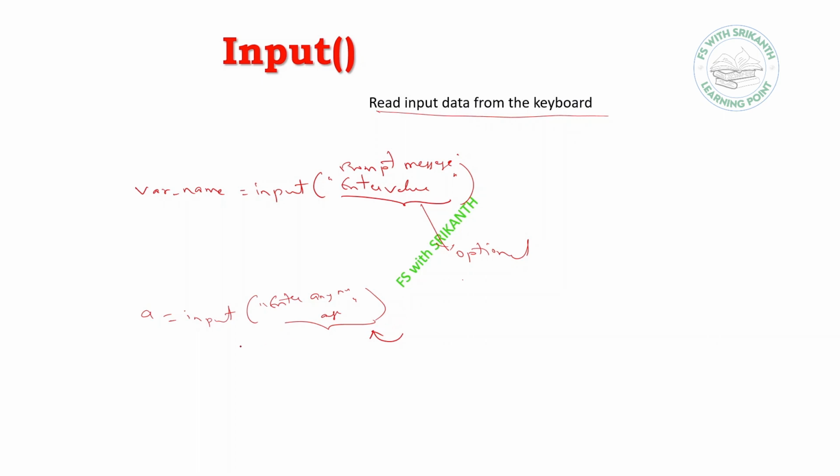After executing this input method, the program will wait for the user's response from the keyboard. Once the user enters a value and presses the enter key, the entered value is read as input and assigned to the variable. Just observe, I want to execute.